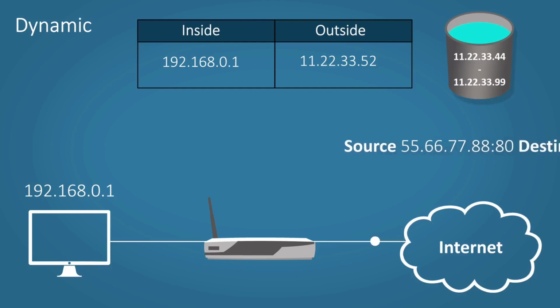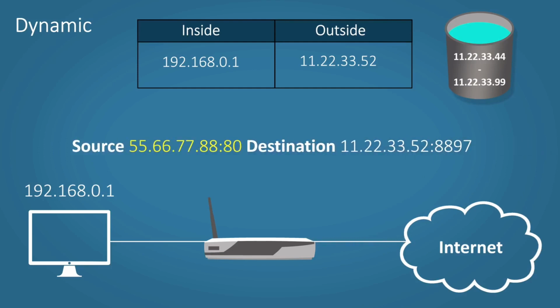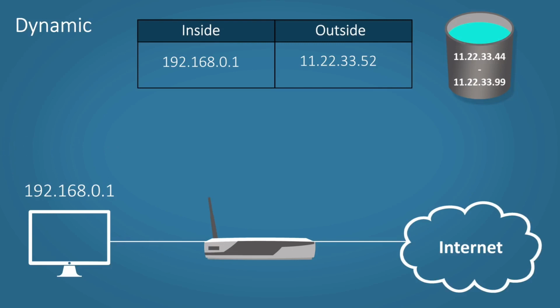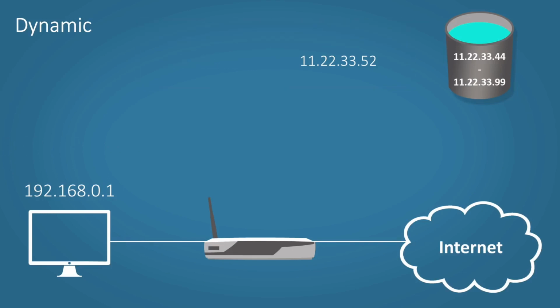When the data comes back, it again looks at the source address, then looks at the destination address. If it finds a match in the NAT table from the destination address, it swaps it out for the private, and then sends it on its way. After this is done, the public address will return to the pool, ready to be used again.